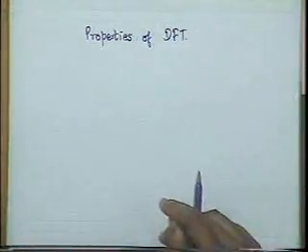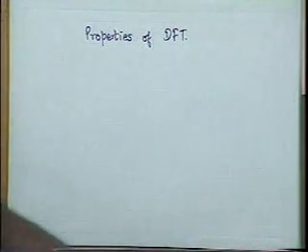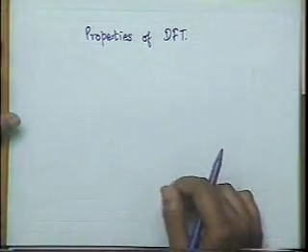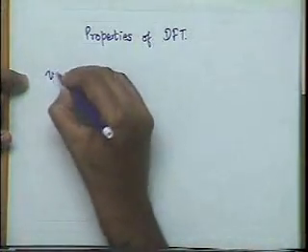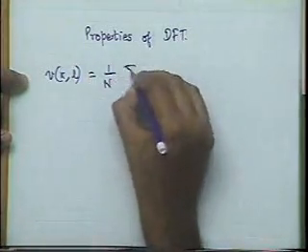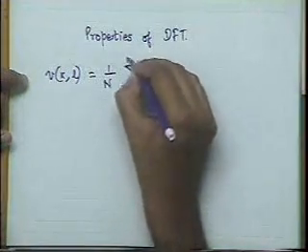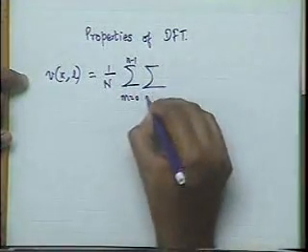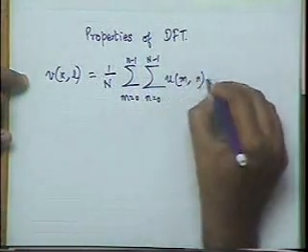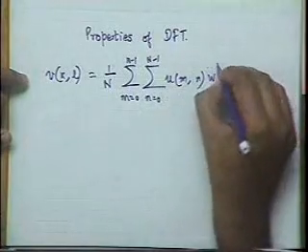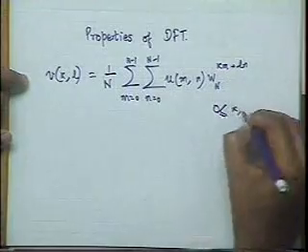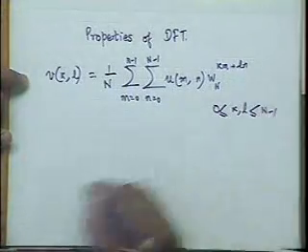Now take the discrete Fourier transform expression in the unitary transform form. We have the following pair of equations. V(k,l) is equal to 1 by N, summation m equal to 0 to N minus 1, summation n equal to 0 to N minus 1, u(m,n) W_N to the power km plus ln, where k and l lie between 0 and capital N minus 1.